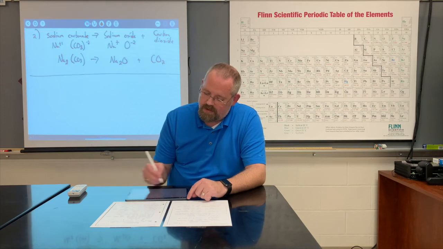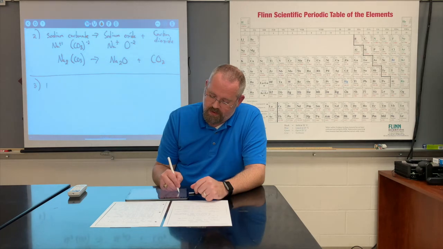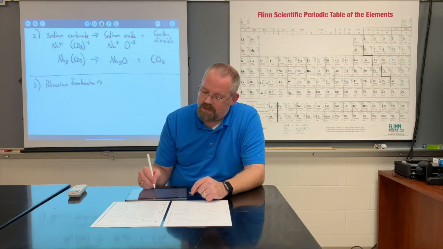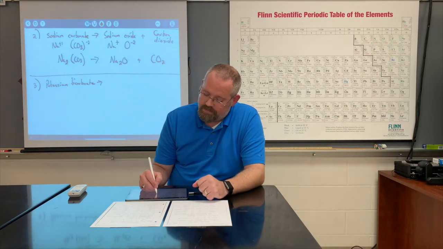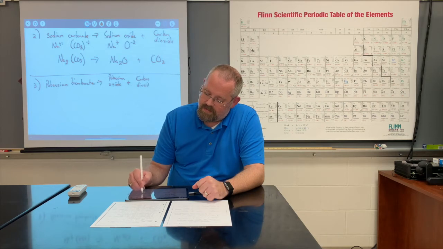All right, now let's look at type 3. It's a metal bicarbonate. We're going to do potassium bicarbonate. That decomposes into a metal oxide, potassium oxide, and carbon dioxide plus water.